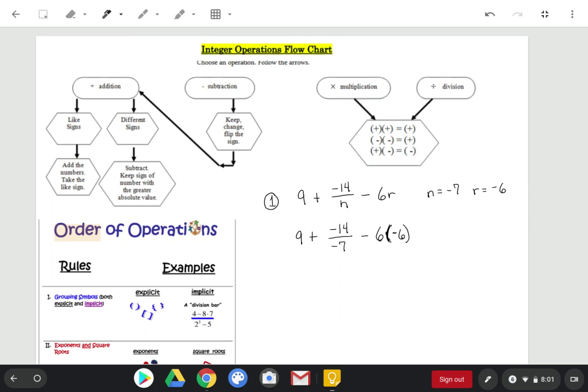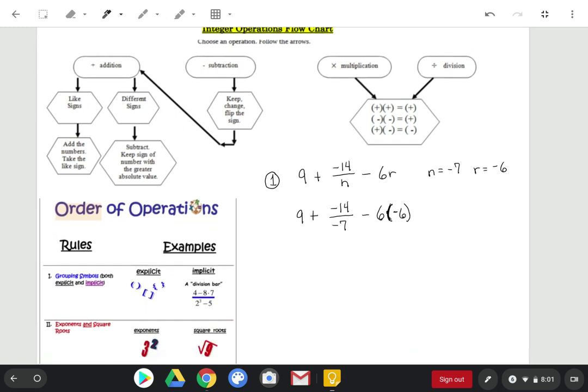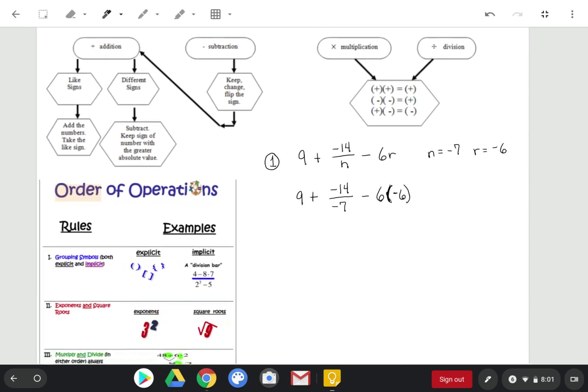Okay, so now I need to evaluate this. I need to think about my order of operations. The first thing I'm going to look for is grouping symbols. Now, guys, I know it looks like I have parentheses, but the only reason why I used those parentheses was to indicate multiplication.